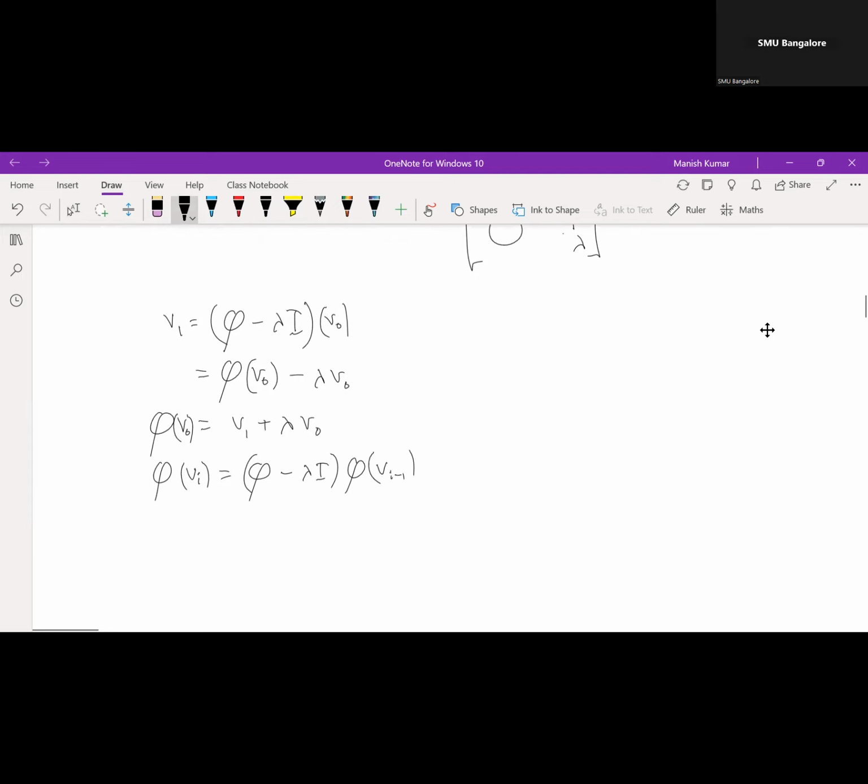I subtracted minus lambda I phi of Vi minus 1, so I have to add it as well to cancel it out.